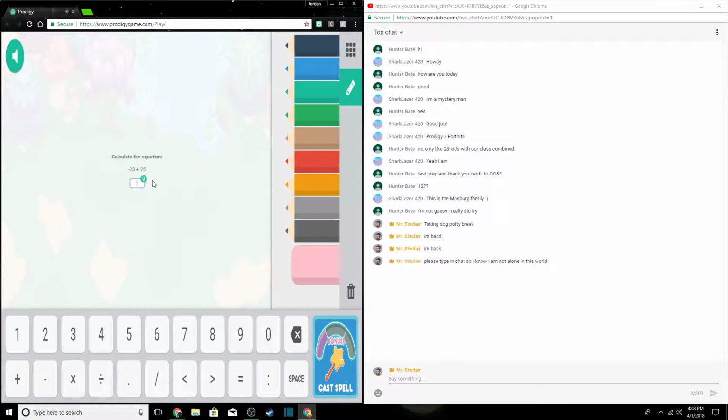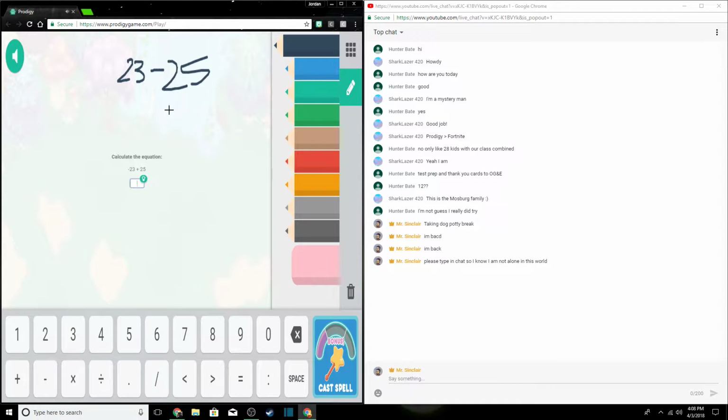Alright, so we're going to calculate negative 23 plus 25. Well, we're going to treat this as being like subtraction. So what we're going to do is basically do 23 minus 25. Anytime you see a negative like this with a plus, just treat it like you're subtracting it, and keep the numbers the same.